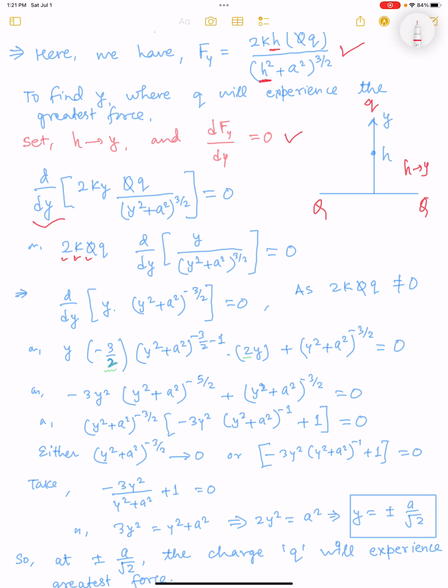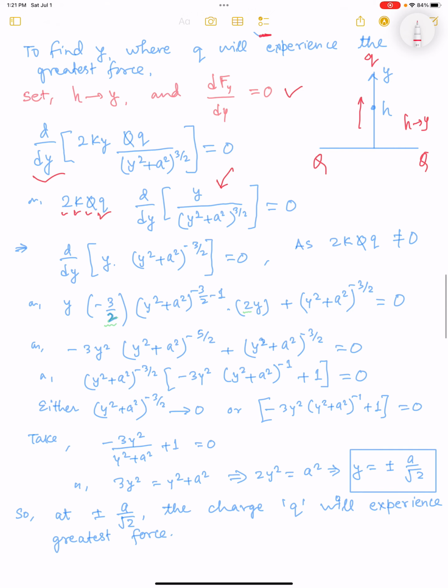Whenever you take the derivative, the change is along y, so the Q is also fixed. You just have to take a derivative of the expression inside the bracket and set that to 0.